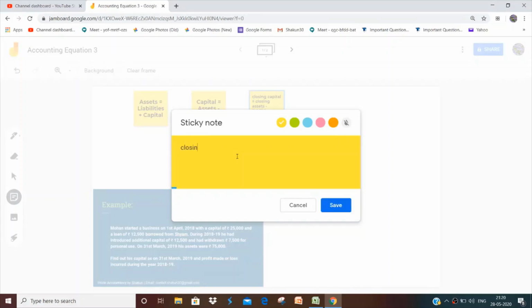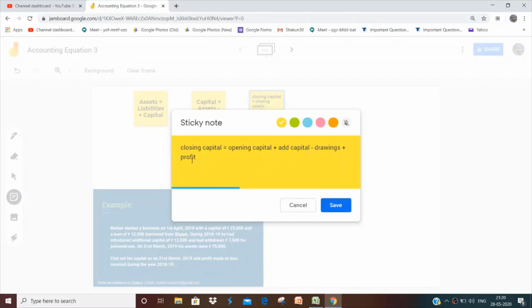So you know that the closing capital is always equal to the opening capital, and I'm sorry for the typo errors, then add the additional capital, then minus the drawings and add the profit. So this formula we already know.